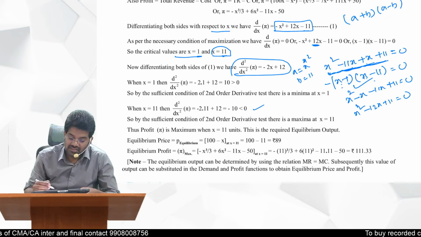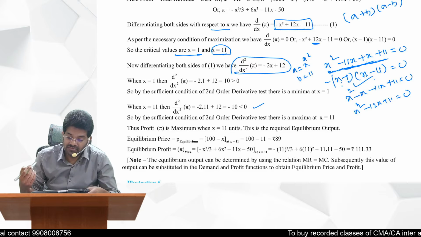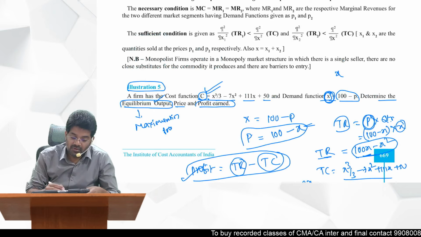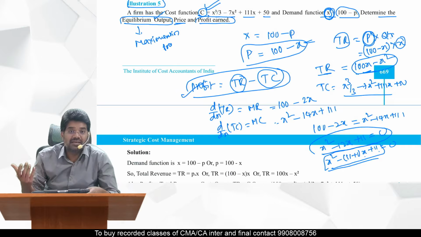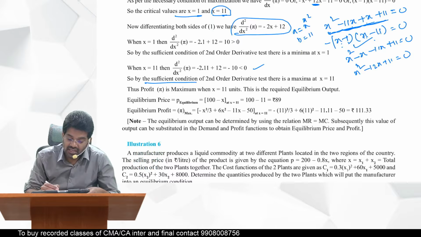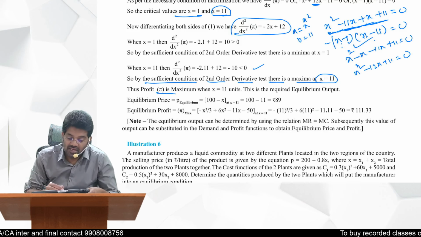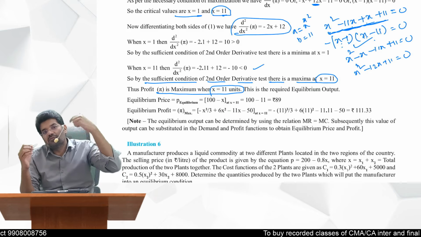But what we want is profit maximization. What is the question requirement? Equilibrium output: at what level of output will profit be maximum, the price, and also the profit earned. So maximization we want. By the sufficient condition of the second order derivative test, there is a maximum at x is equal to 11 only. Thus profit is maximum when x is equal to 11 units. Only when output is 11 units will your profit be maximum.